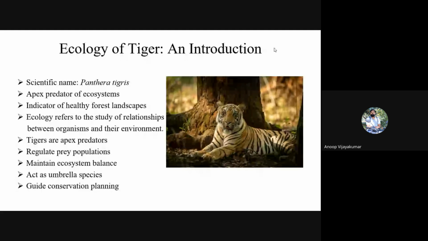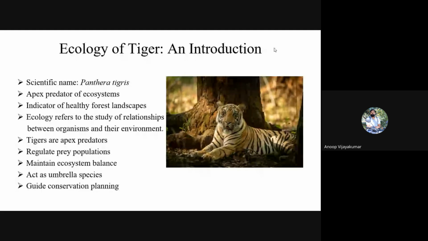The very important thing about tiger is that they are very sensitive. That means we have to give them the healthiest ecosystem, then only they can survive. So if we want to conserve the tiger, we have to give them the best ecosystem. That means we are protecting the entire ecosystem, the entire species, animals and plants and everything.